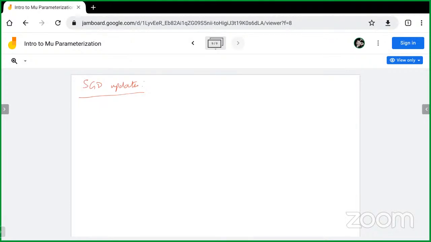Simplified, you ignore the randomness. So then you have u t plus 1 is u t minus the learning rate times the gradient, right?